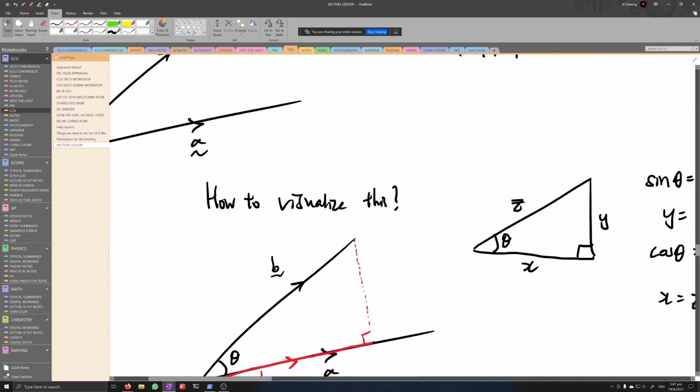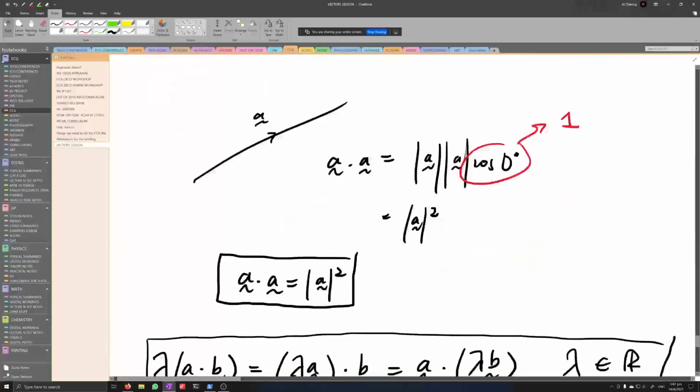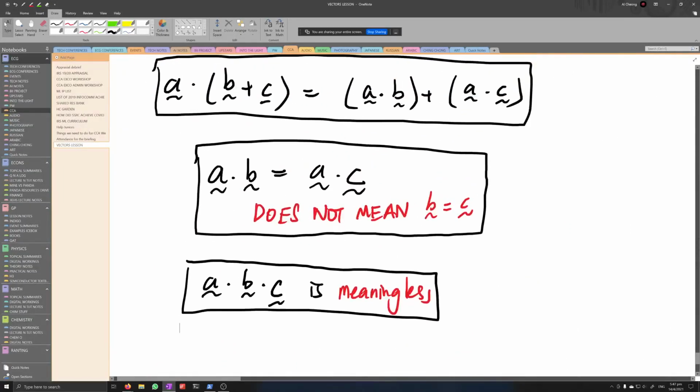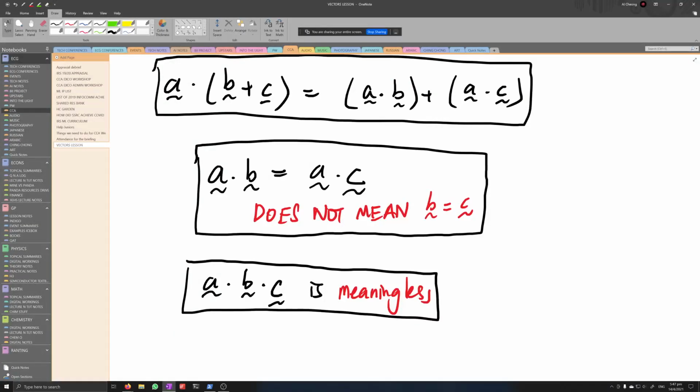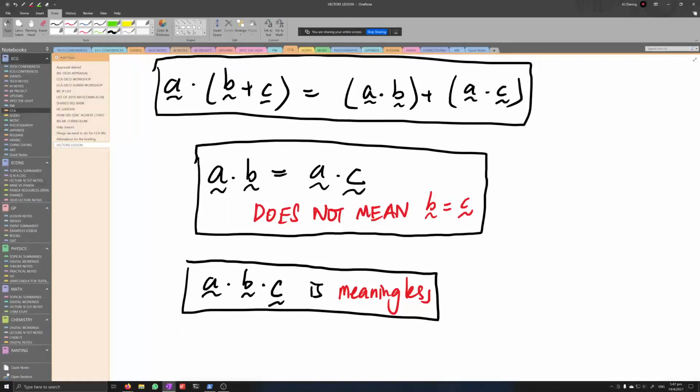How does one do a triple dot? It doesn't make sense. Anyway, the product of A dot B is a scalar. You cannot dot a scalar with a vector. You need to dot two vectors together. So that thing is meaningless.